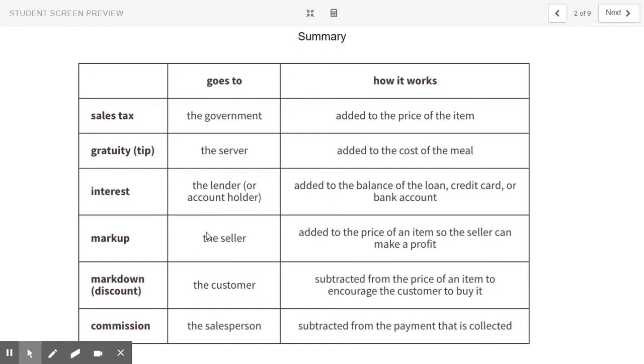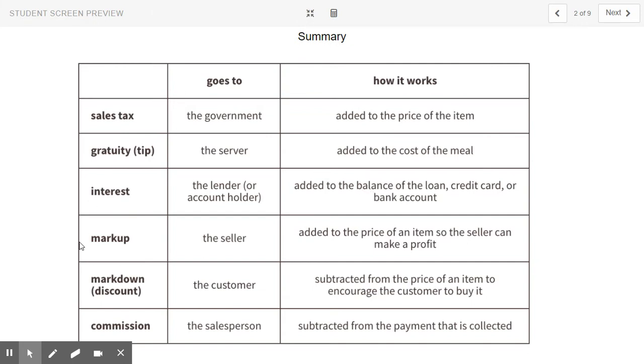So like if you had a savings account in a particular bank, you can actually also earn interest for putting your money with that bank. So how does that work? Well, interest is added to the balance of a loan, of a credit card, or a bank account, just depending on what kind of thing you're earning interest on. So sometimes it's good for you, sometimes it's not so good.